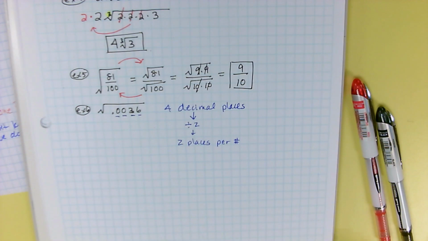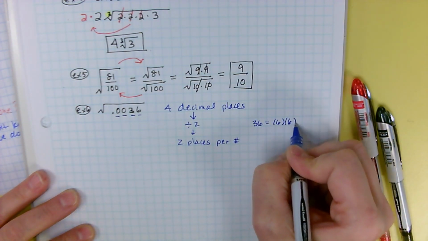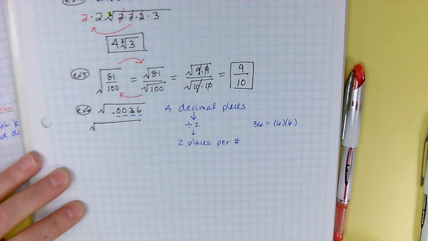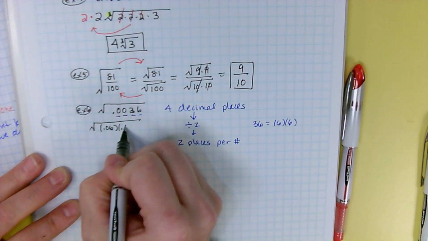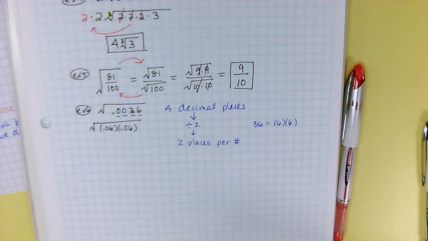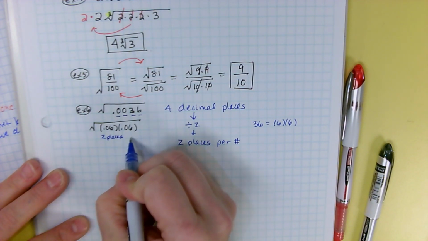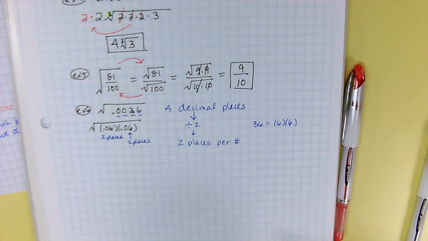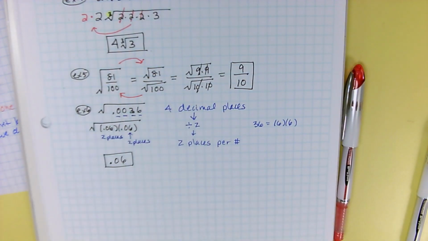Now, I know that 36 is 6 times 6. So what I'm going to do is write a factor with 6, but that has 2 decimal places. So 0.06 times 0.06. And each of those has 2 decimal places. So 2 places for that one, 2 places for that one. So 2 0.06's, 1 comes out. So that's how you do decimals.